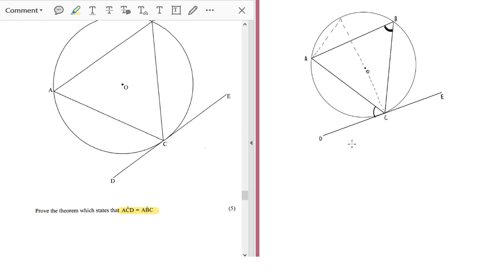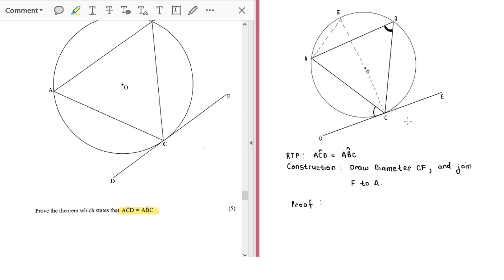And then after that, we need to note down our constructions. Now that we've noted down our construction, by the way, I decided to call this point over here the point F. In order to continue with our construction, we now need to locate those two 90-degree angles that we were speaking about. We know that the first one is going to be located right over here at the point of tangency.